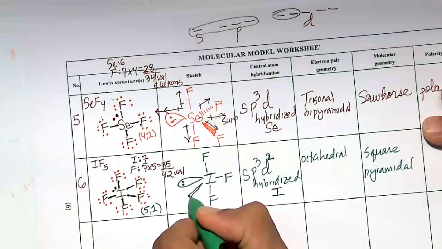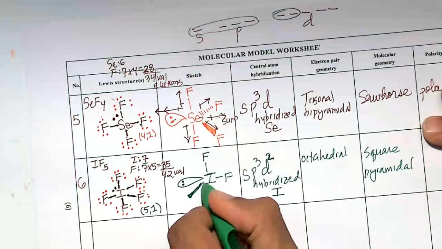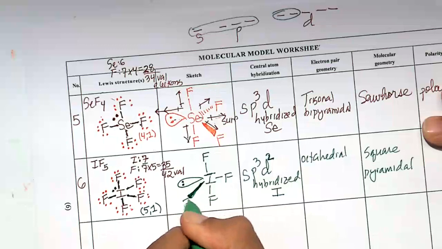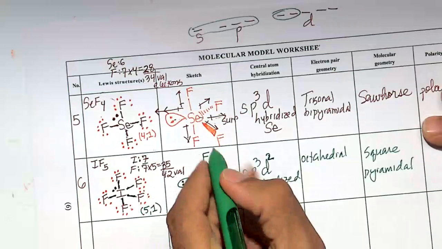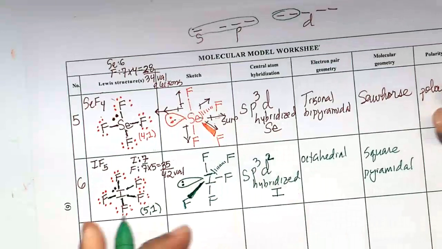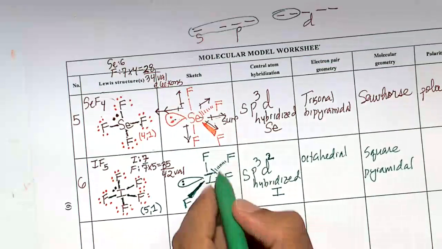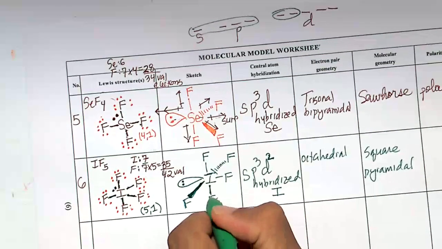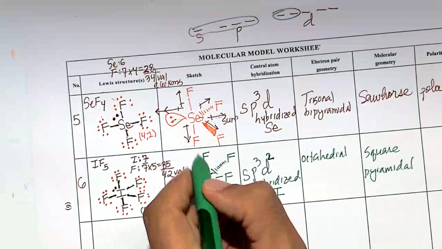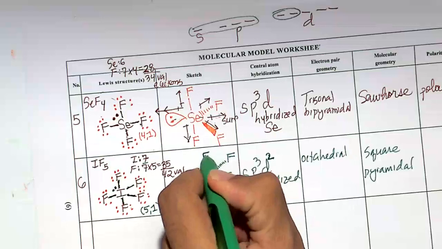One fluorine will be here, and one fluorine will be there. I think that's a good way to write this in 3 dimensions. We can actually build it, maybe in our lecture.